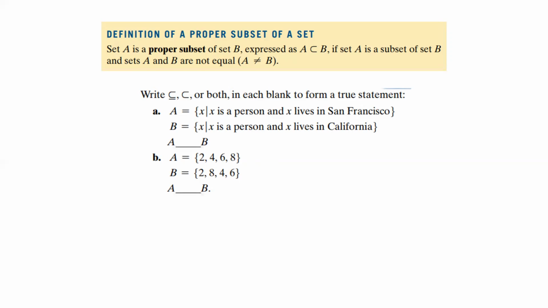Sorry, it's and. So it's person and they live, person and they live. And so San Francisco exists in California. So every person who is living in San Francisco is also living in California. So not only is this a subset, which makes sense based on the previous slide, all of A is contained in B, but this is also a proper subset.